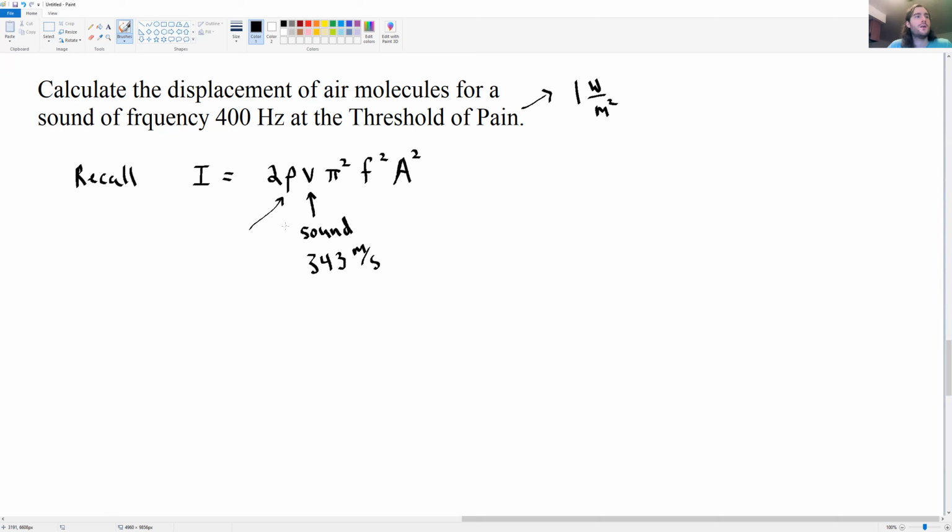We also need to know the density of air, right? Now, the density of air is about 1,000 times less than water. If you want to remember 1 kilogram per meter cubed, that's pretty good. We can do a little bit better though.